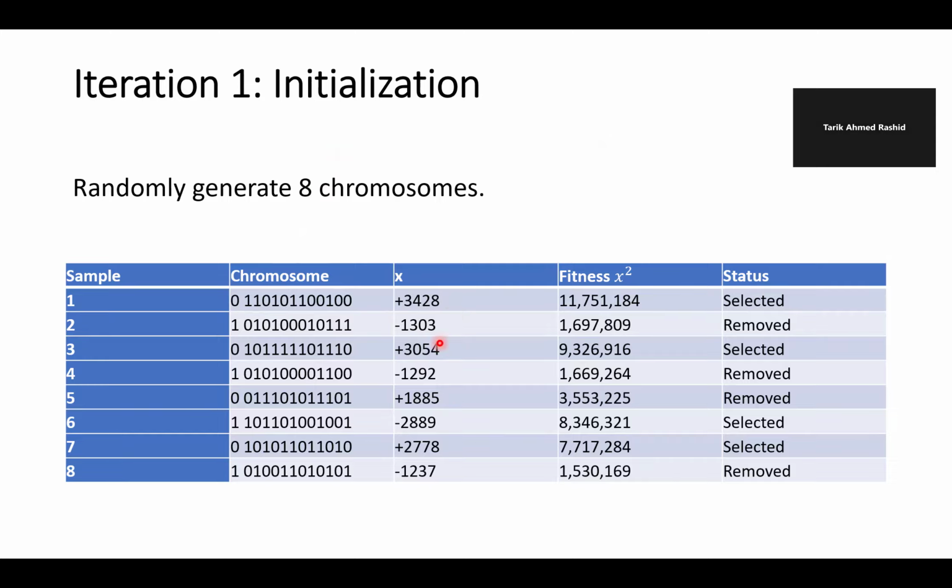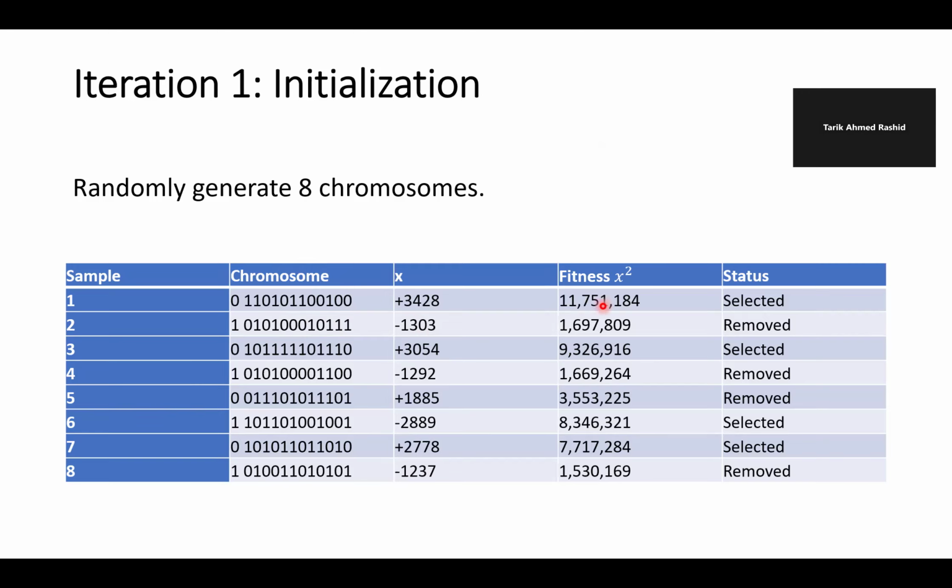These are randomly taken, squared, and converted to binary. So the binary for plus 3428 is this one, the plus is represented by bit 0, and minus 1303, minus is represented by 1, and the rest, 1303, is represented by 12 bits, and so on.